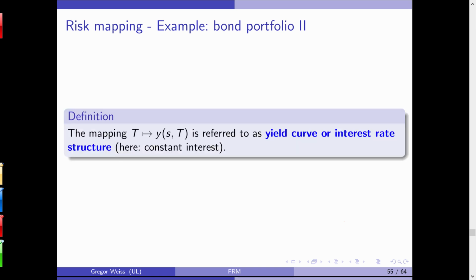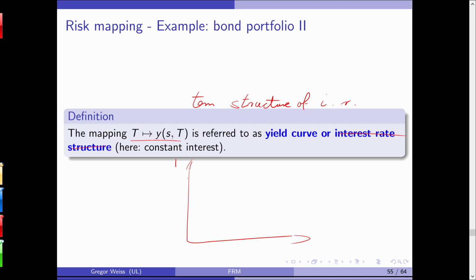Okay. So we have these zero coupons. The mapping from the maturity to the yield to maturity is what we call the yield curve, or the interest rate structure, or the term structure of interest rates. Zinsstruktur, and this is probably the correct term, the term structure of interest rates. What does it mean? You simply plot it.